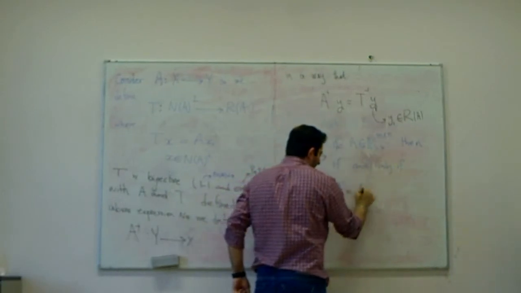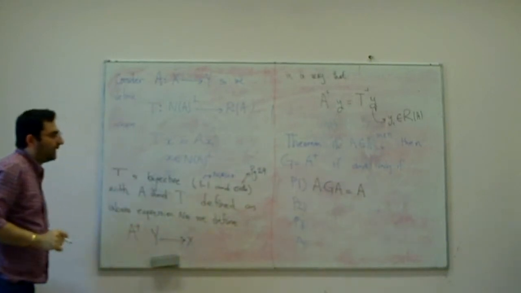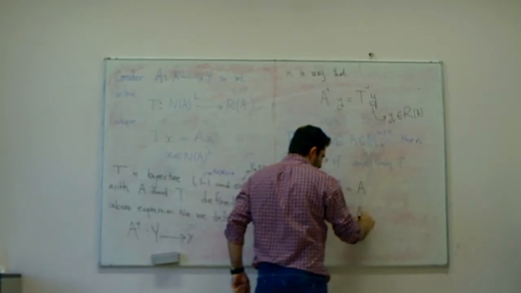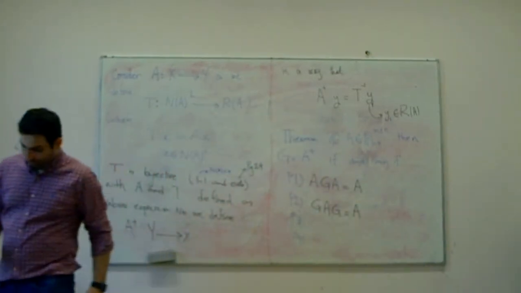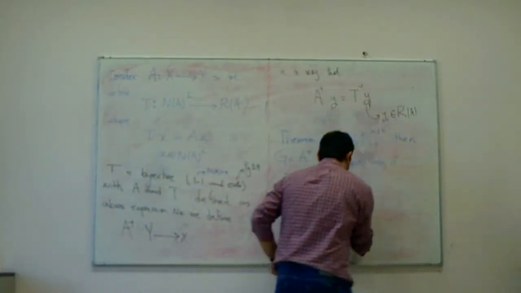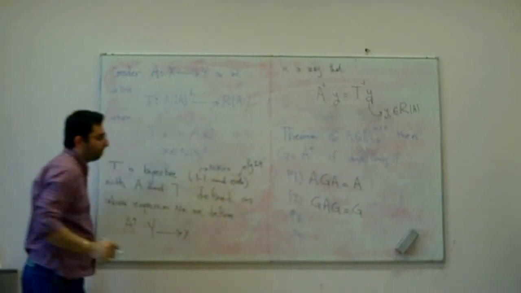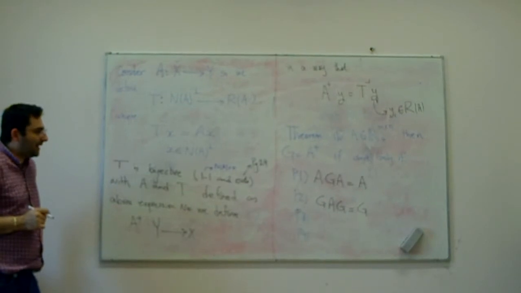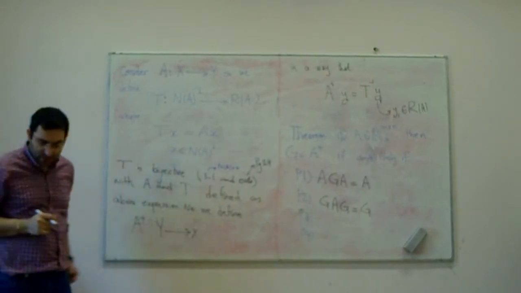AGA is equal to A. In other words, A plus A should be A. G should also be G. Three and four are very important because they can introduce new things to us.